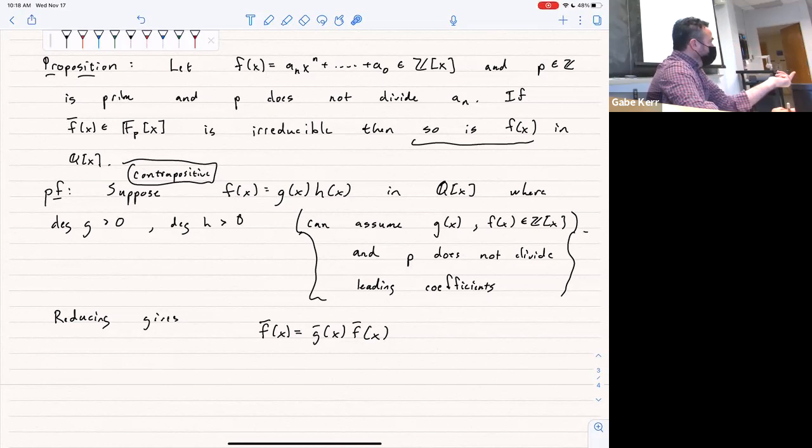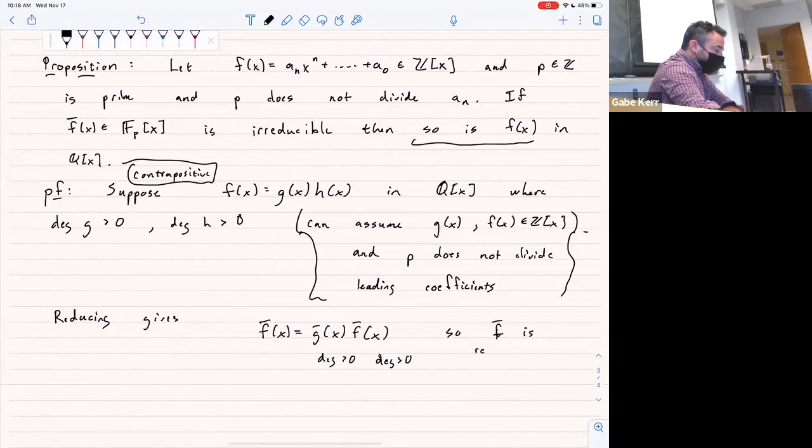But if it's not divisible by p, then that term does not go to 0, and so it still has the same degree. So these two both have the same degree as before, namely positive degree. But then this gives you a factorization in F_p. In particular, f bar is reducible. We conclude this in F_p.